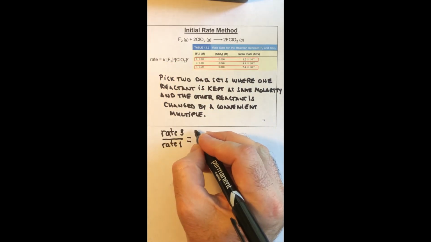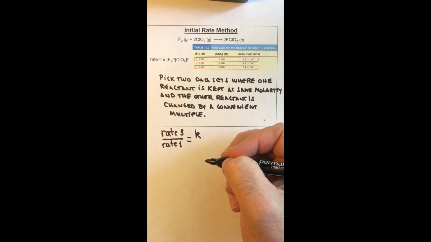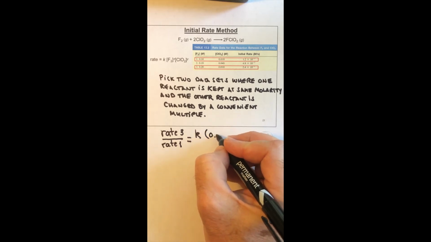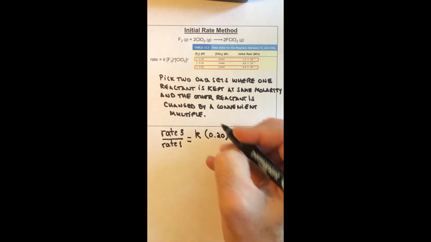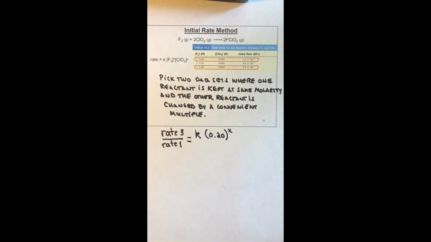So rate 3 would be k times the concentration of fluorine for experiment 3, which is 0.20, and that should be to the x power.